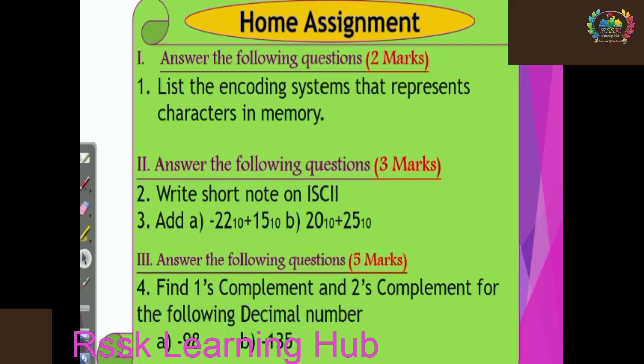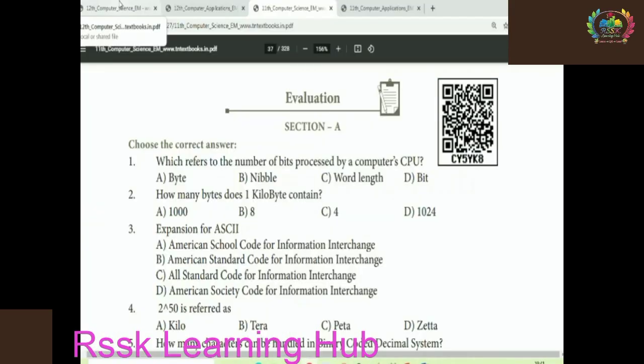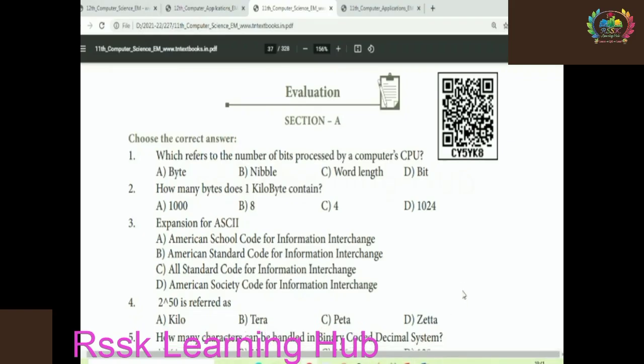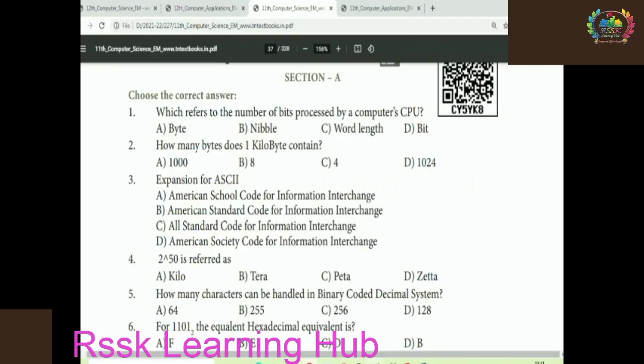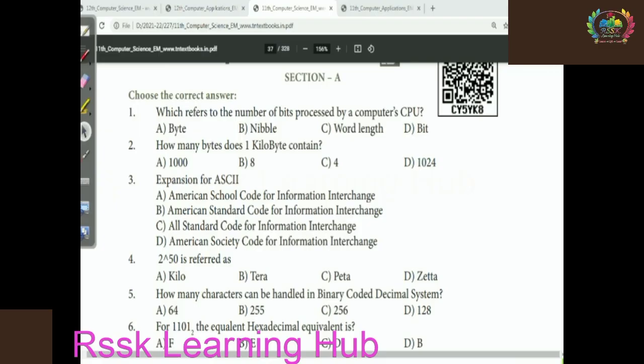Okay, students. Now we will see the evaluation of this chapter. First question: which refers to the number of bits processed by a computer CPU? The number of bits processed should be calculated by using what? Word length.